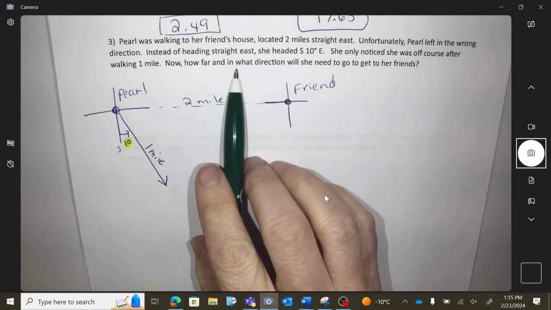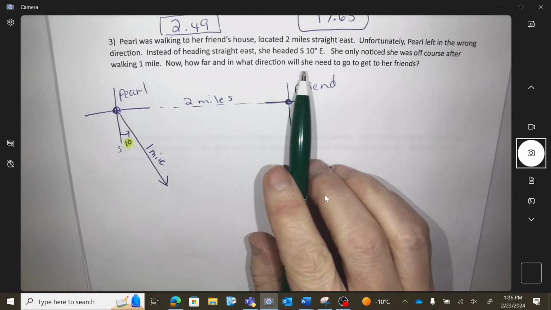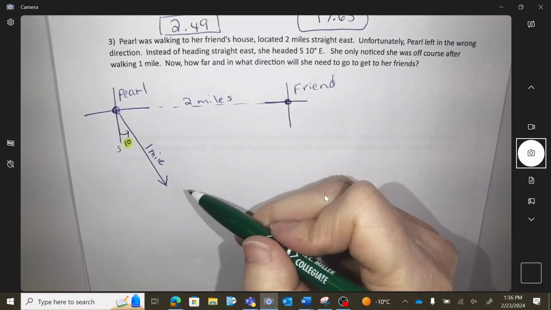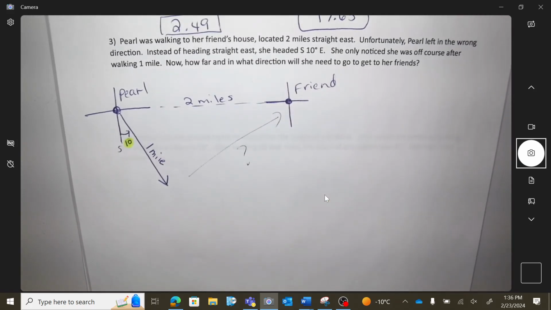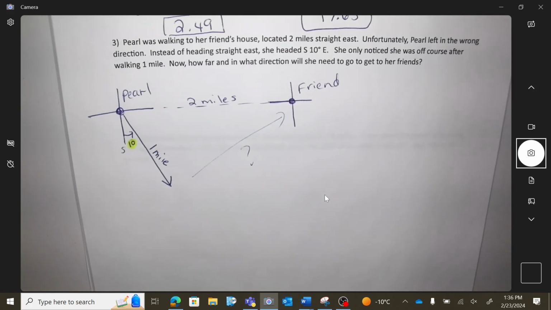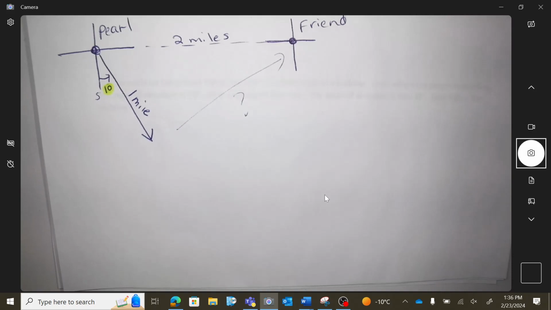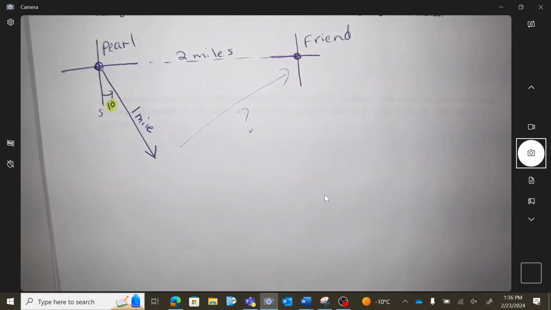Now, how far and in what direction will she need to go to get to her friend's house?